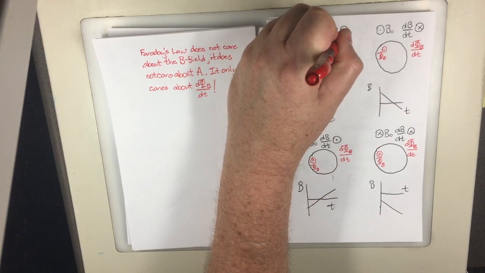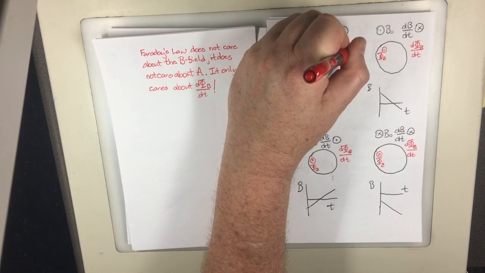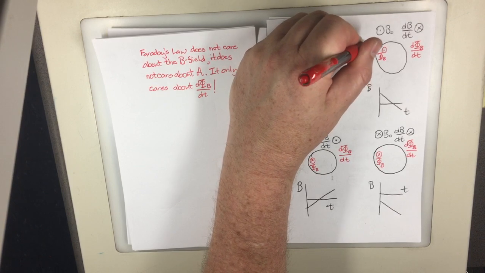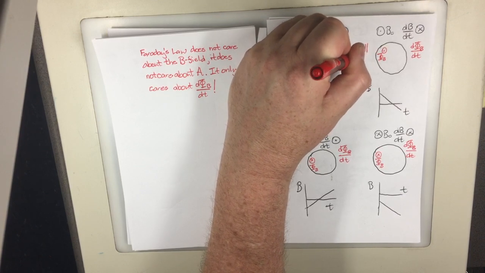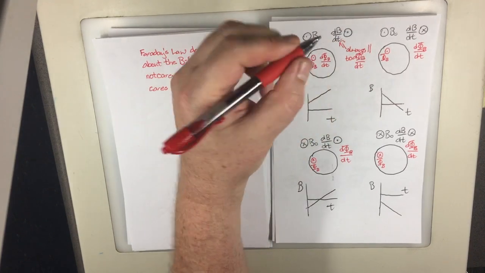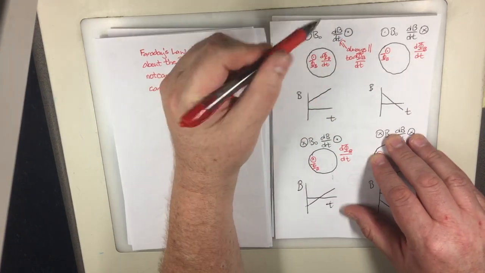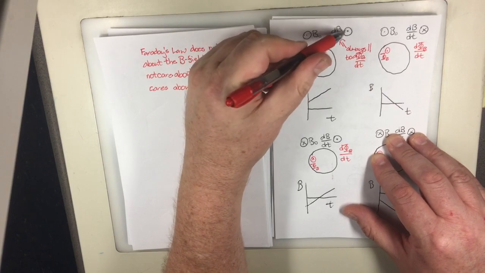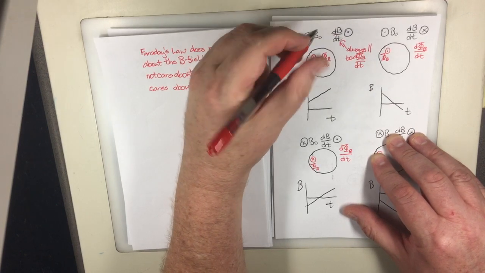So this is always parallel to d phi B dt. So in all of these cases, I ignore what that is. All I care about is what that is.